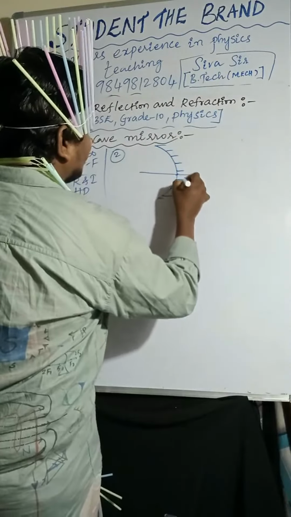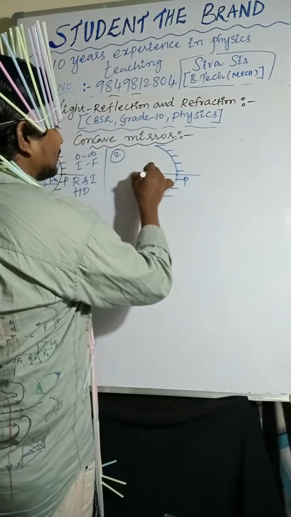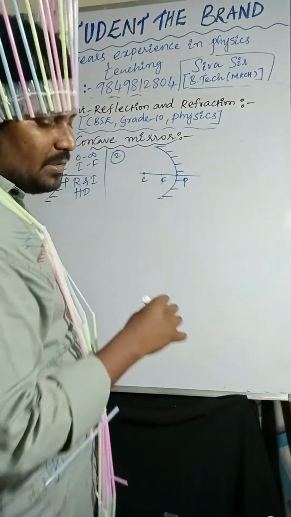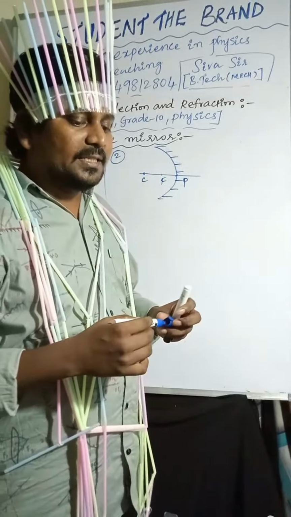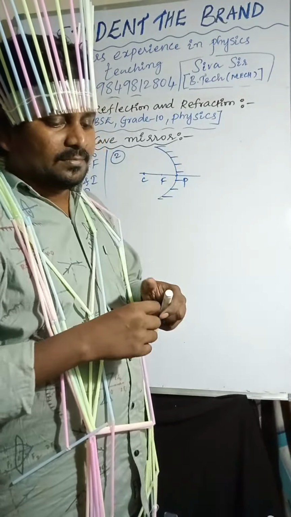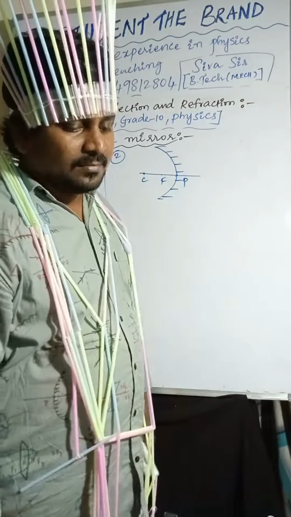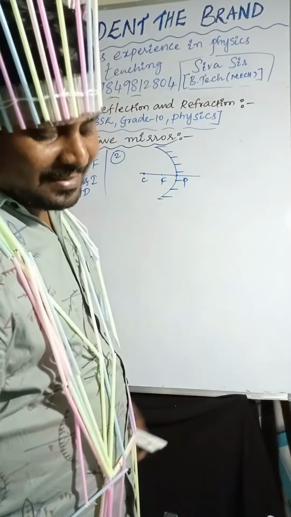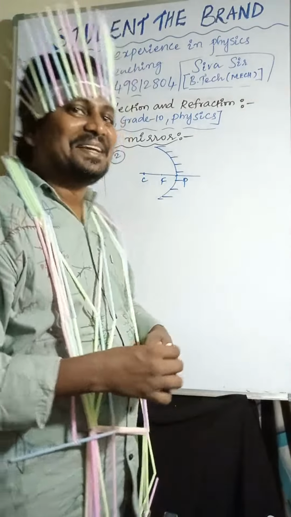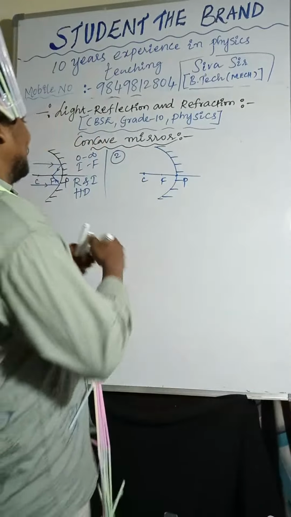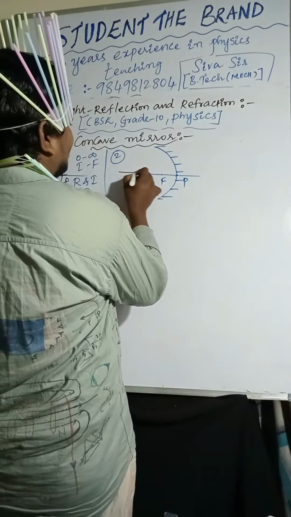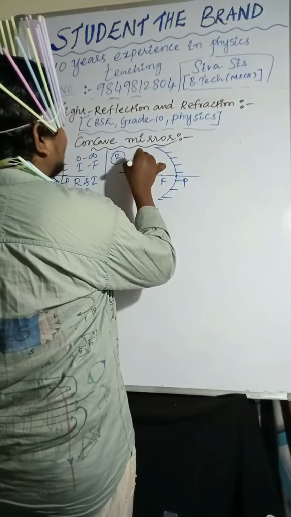So pole, focus, center of curvature. Object is placed beyond center of curvature.